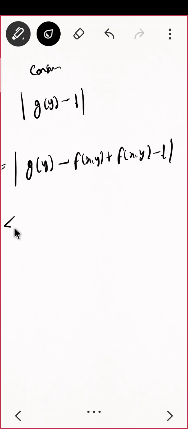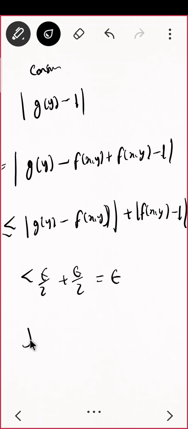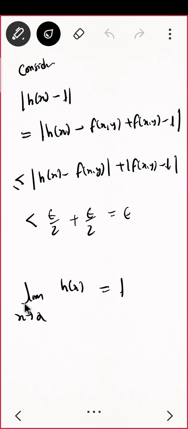Same thing, this will be less than, again by triangle inequality, mod of g of y minus f of x y plus mod of f of x comma y minus L, and both are less than epsilon by 2. Do you see? That is less than epsilon. Hence we have proved the limit as y tends to b of g of y is also equal to L. So from these two we have concluded this.